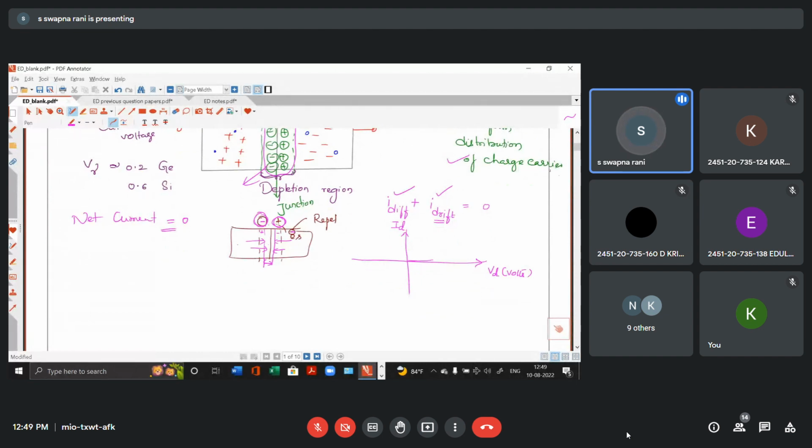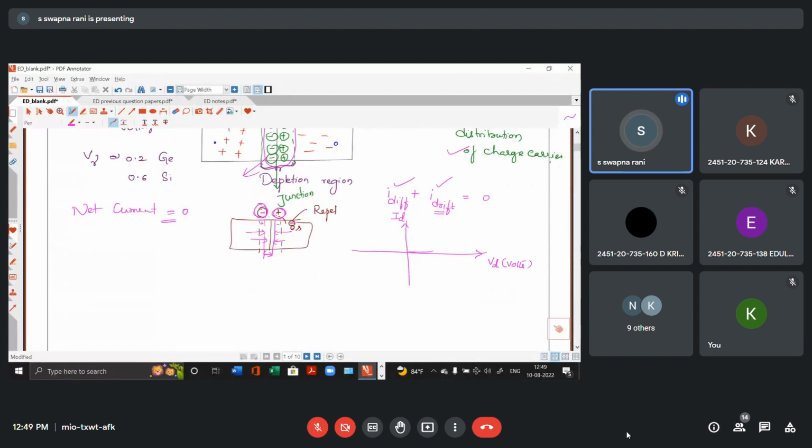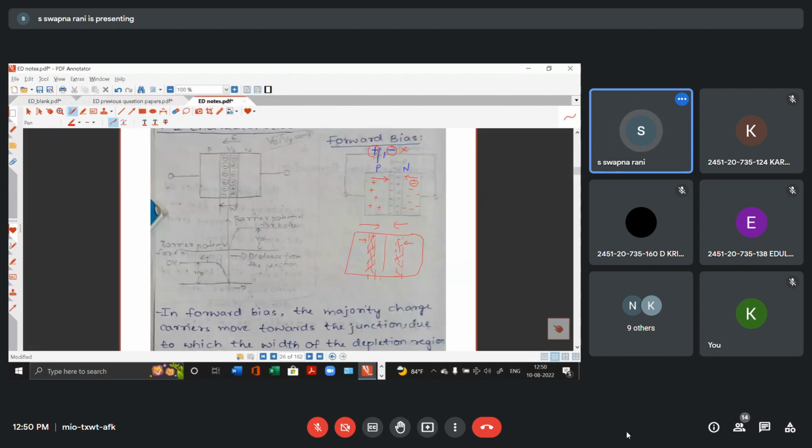So first point is that when you give forward bias, which charge carriers will be moving towards the junction? Which charge carriers will be crossing the junction? Yes, majority or minority? Can anyone answer? Which charge carriers will be moving towards the junction?